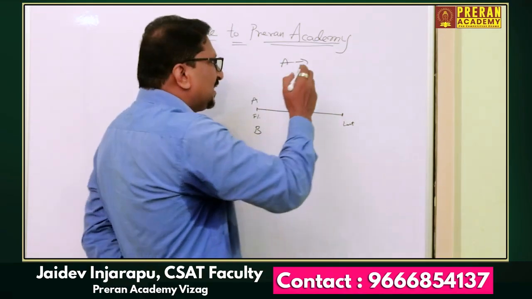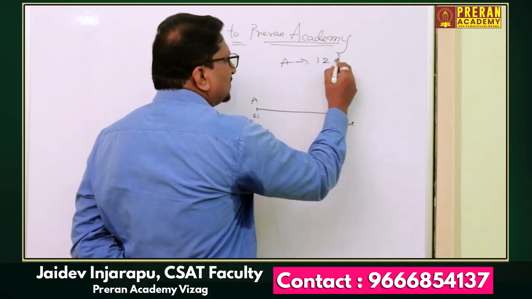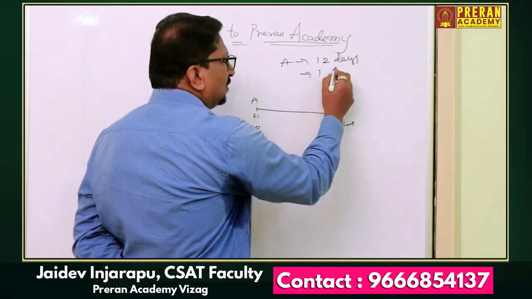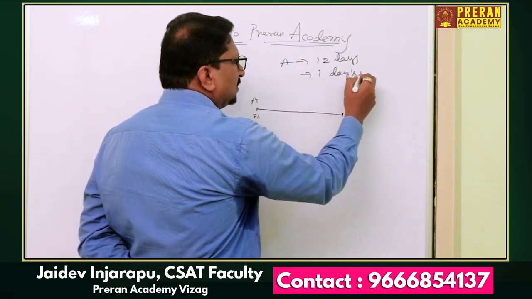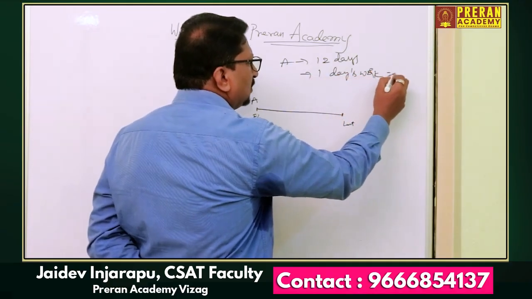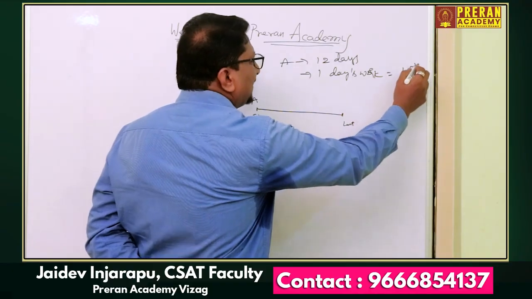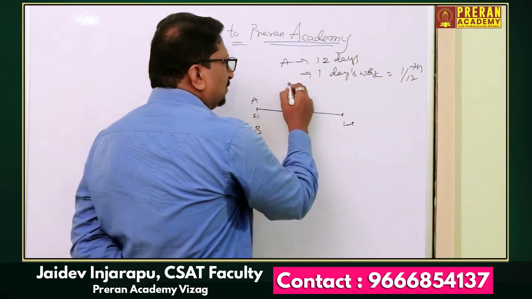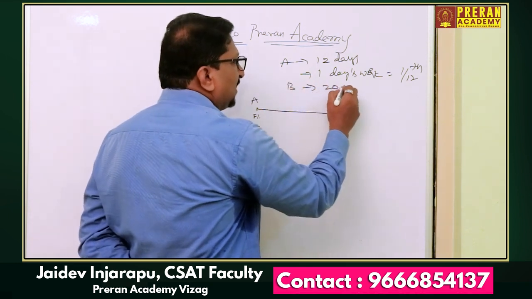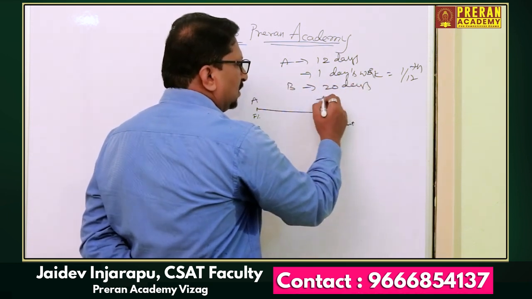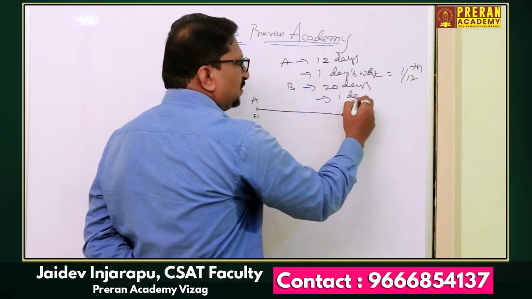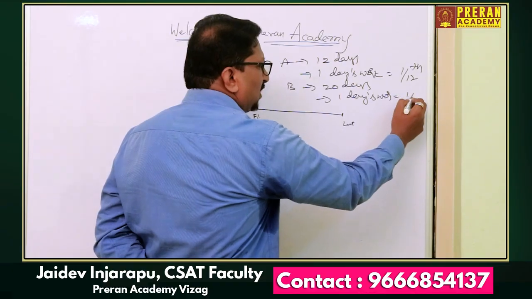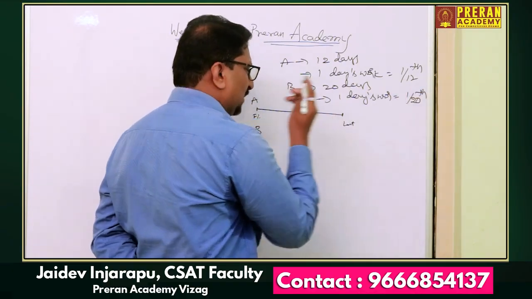A individually can finish that work in 12 days, so his 1 day's work is 1/12th part of the total work. Similarly, B can finish the same work in 20 days, so B's 1 day's work is 1/20th part of the total work.